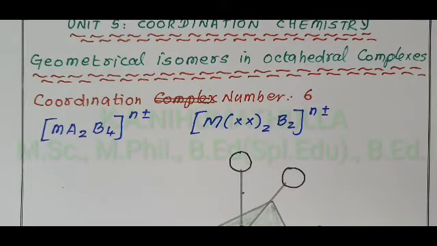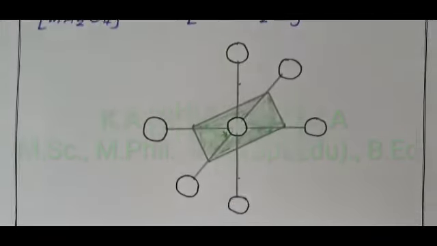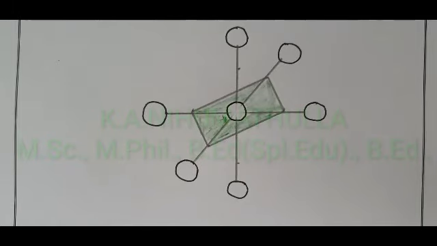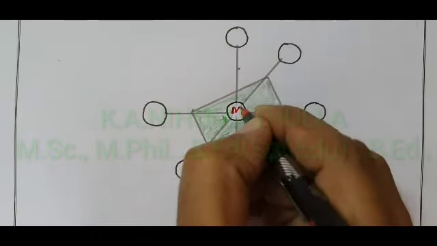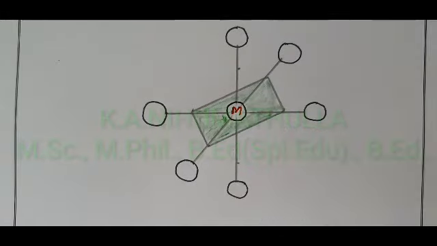The positions of ligands in octahedral complexes are indicated as follows. The central metal atom or ion is present at the center.